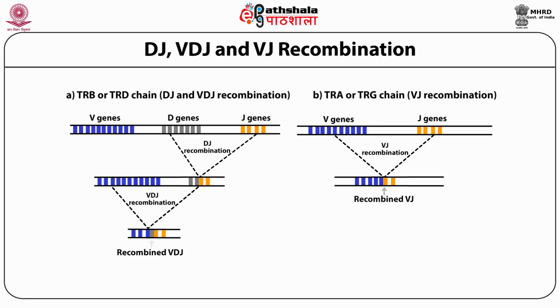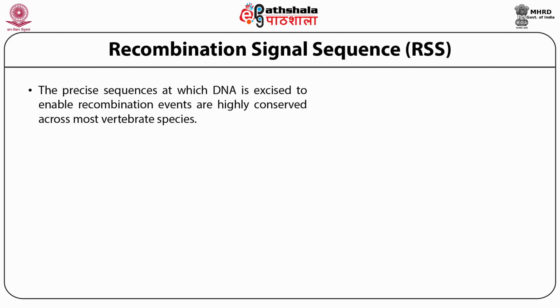As will be discussed later, the mechanism of molecular processes that lead to all these kinds of recombination events is essentially the same. The precise sequences at which DNA is excised to enable recombination events are highly conserved across most vertebrate species. Further, these sequences are similar between TR and immunoglobulin loci. These sequences are known as recombination signal sequences or RSS.